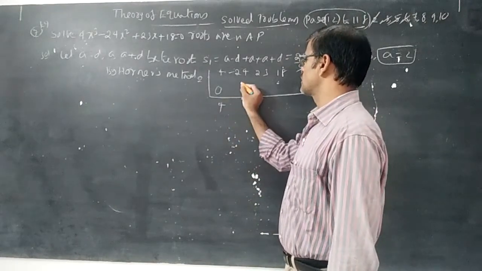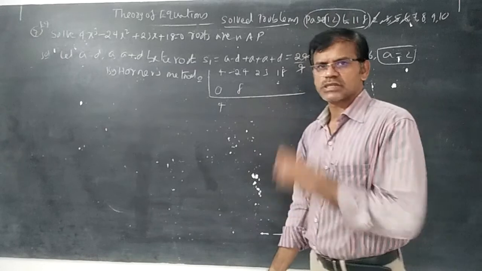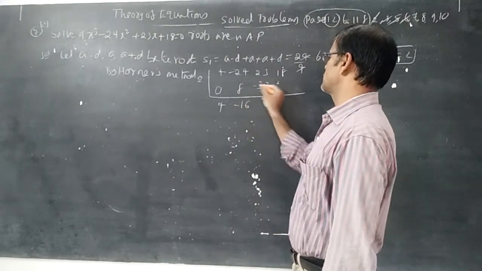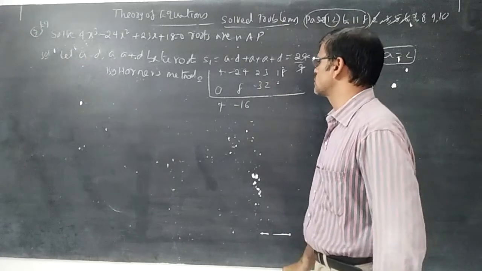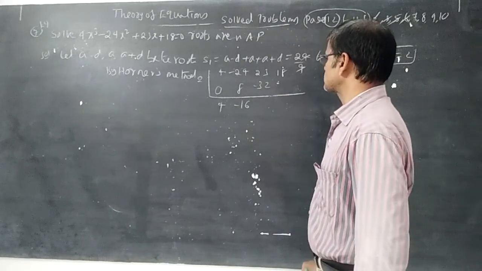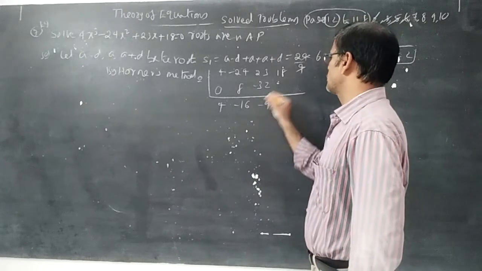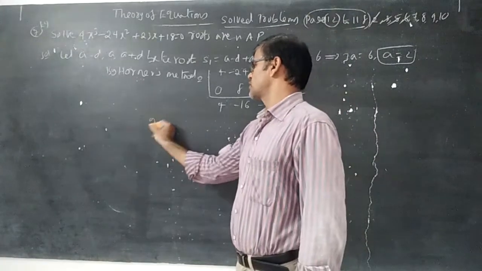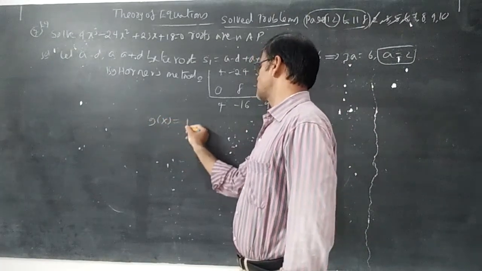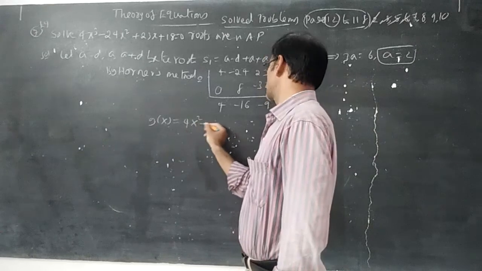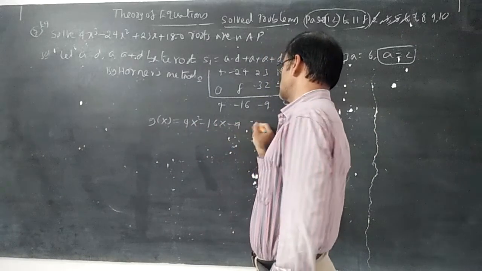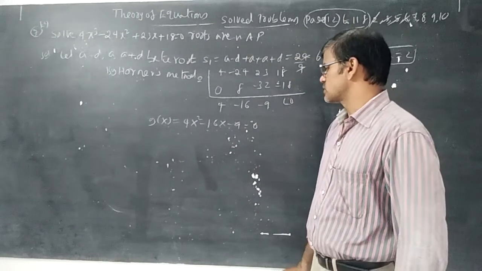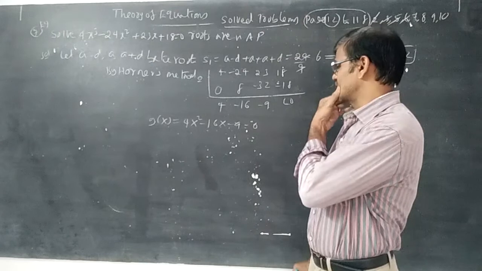Here 4, 4 2s are 8, minus 24 plus 8 becomes minus 16. Minus 16 into 2 is minus 32, 23 minus 32 gives minus 9, then 2 times minus 9 is minus 18, this is 0. So g of x you can write as g of x is equal to 4x square minus 16x minus 9 equal to 0. 4 into 9 is 36. Depending upon 36, we got here 60.